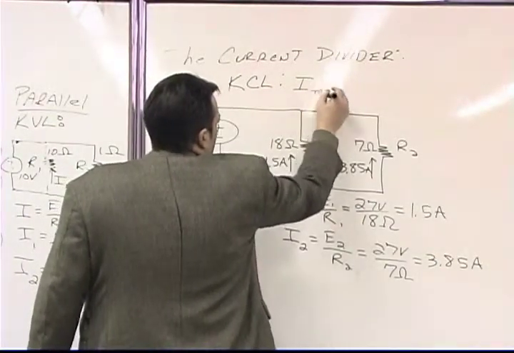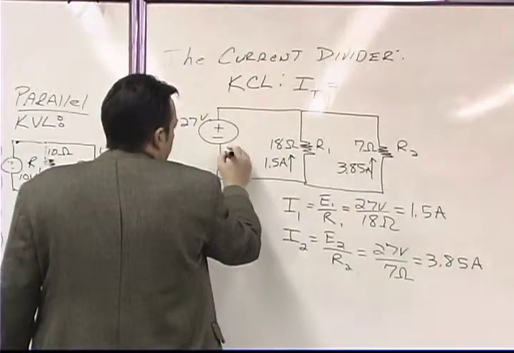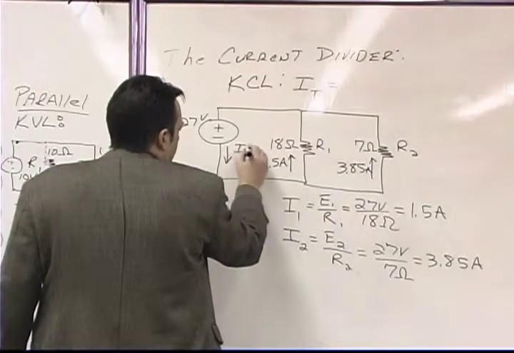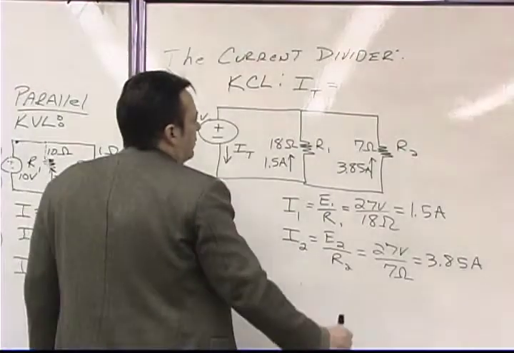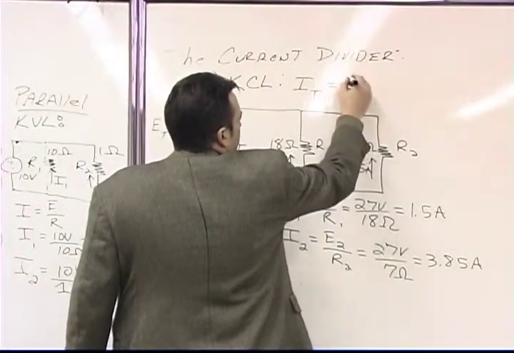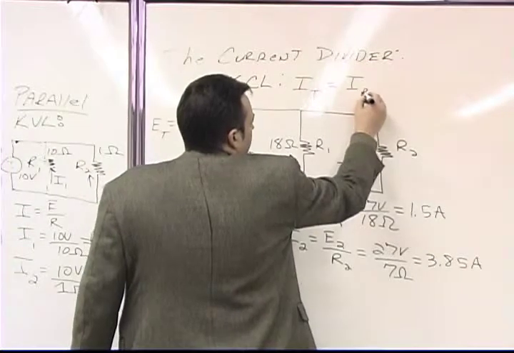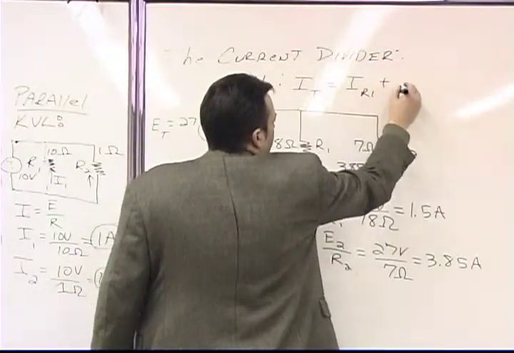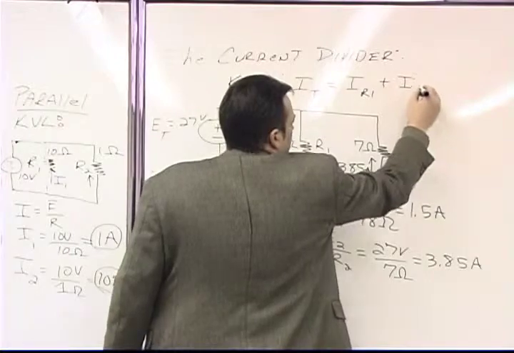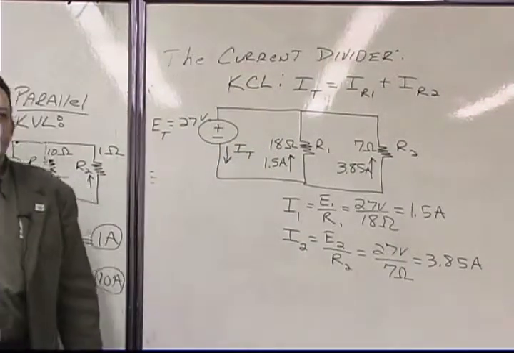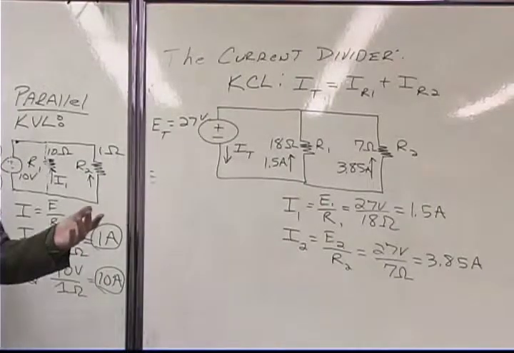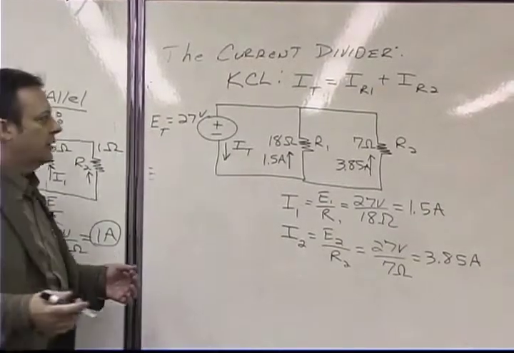The total current, which is the current that's flowing out of the battery, is equal to the current that's flowing into resistor number 1 plus the current that's flowing into resistor number 2. Okay, does that account for all our currents? That accounts for all our currents.